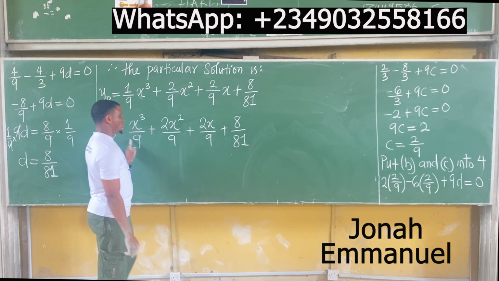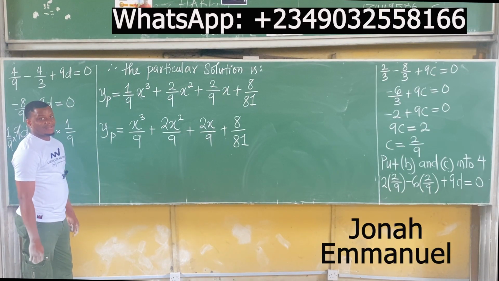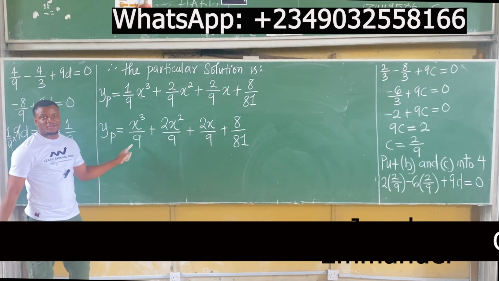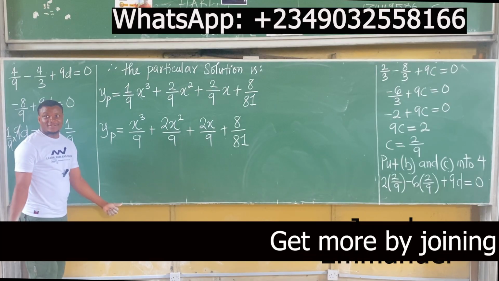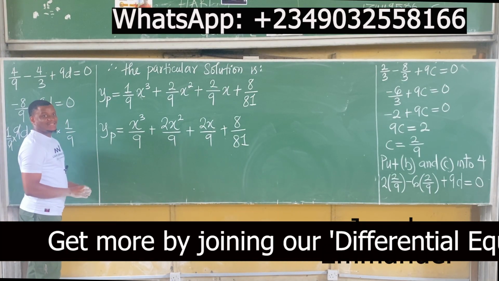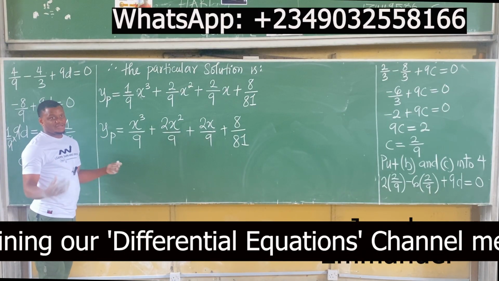If you want, you can factorize the 1 over 9, but is there any need for it? Okay. We've gotten the particular solution. Let's now get the general solution.